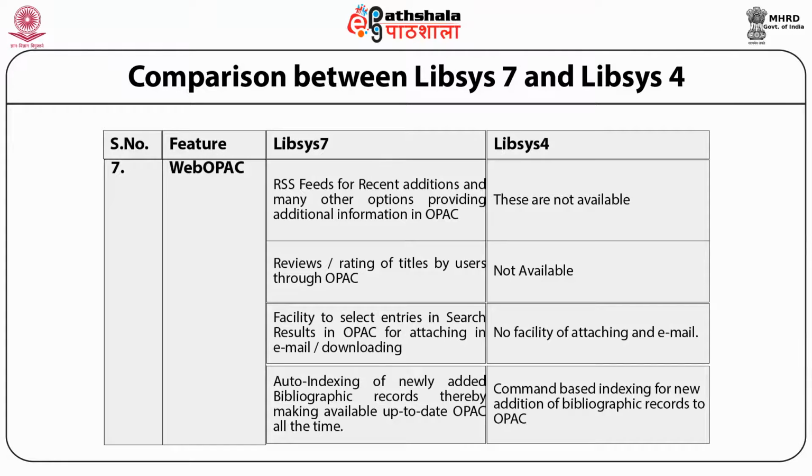It facilitates selecting entries in search results in OPAC for attaching in email or downloading. It also provides auto-indexing of newly added bibliographic records, thereby making an up-to-date OPAC available all the time. These all features were not available in Libsys 4 version.